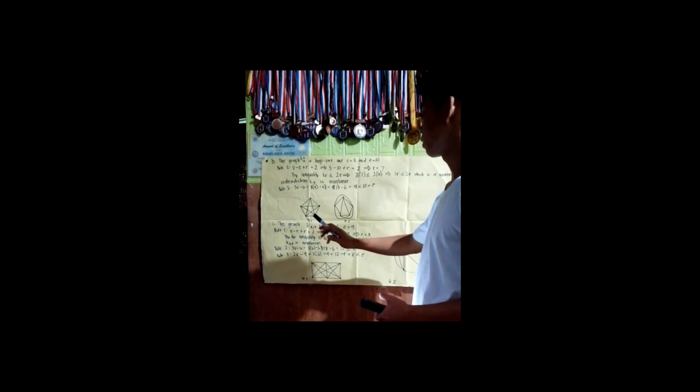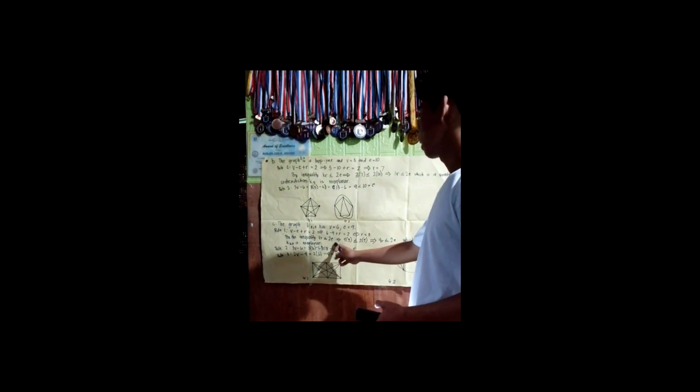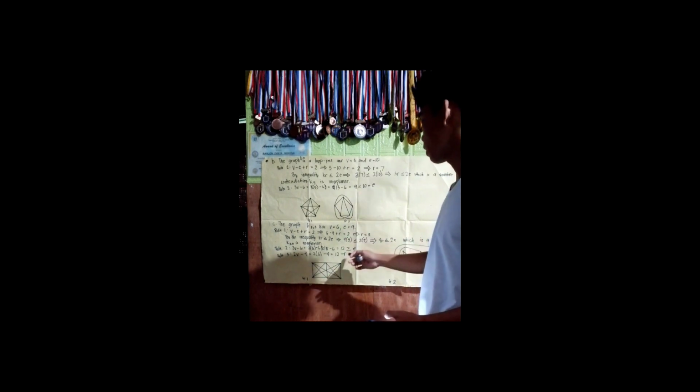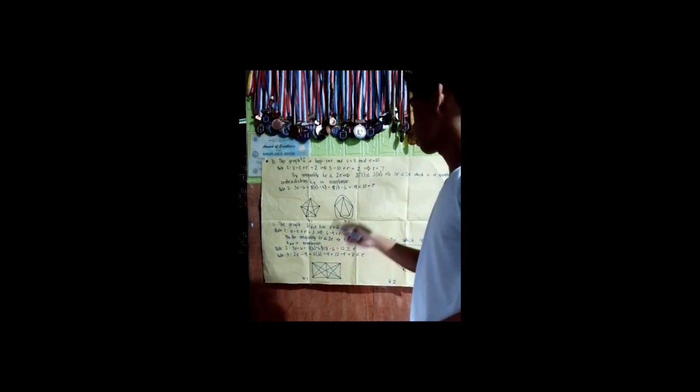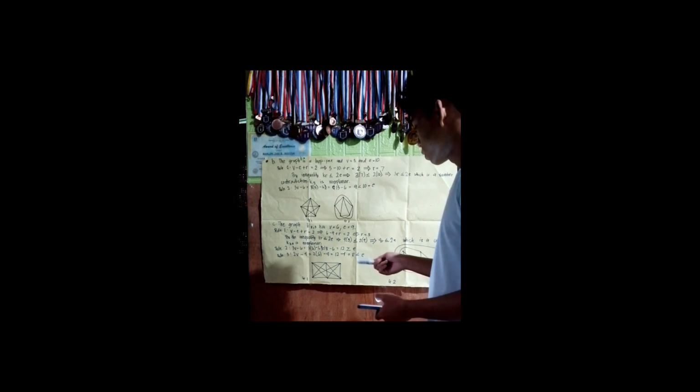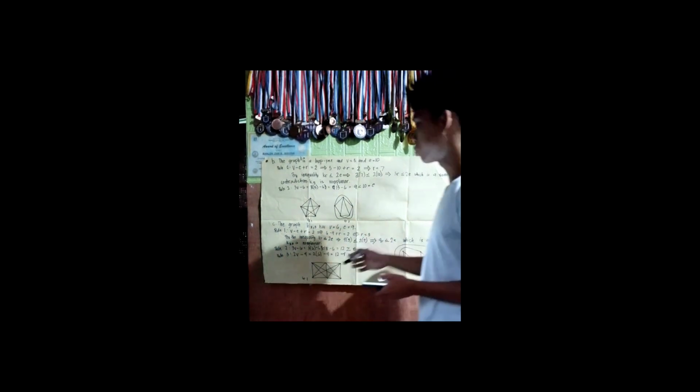By the inequality, 4R is less than or equal to 2E. So 4 times 5 less than or equal to 2 times 9, that is 20 less than or equal to 18, which is a contradiction. So K33 is non-planar.